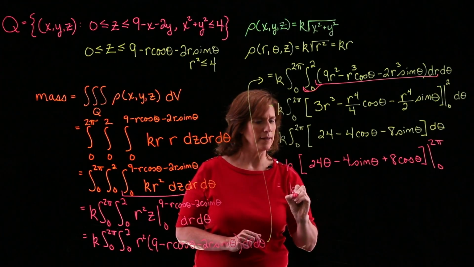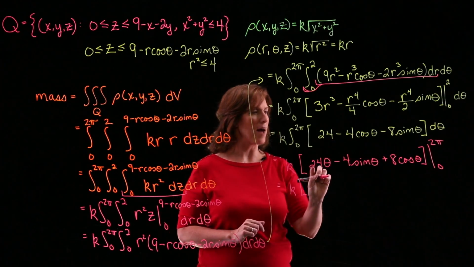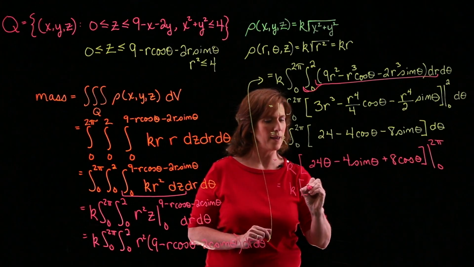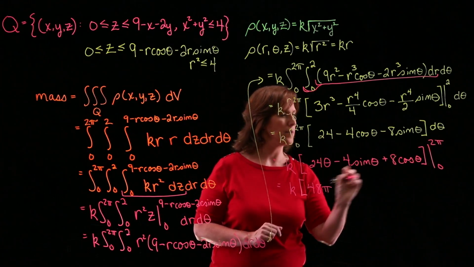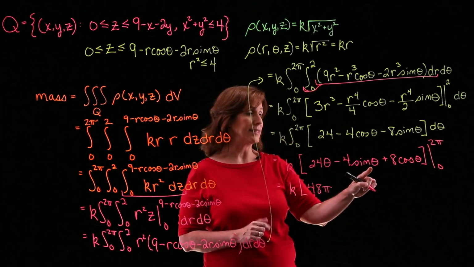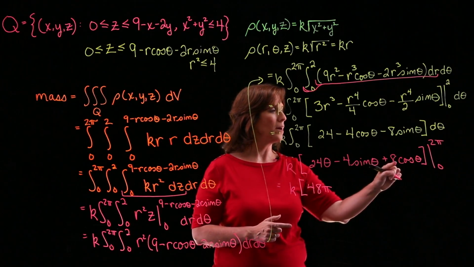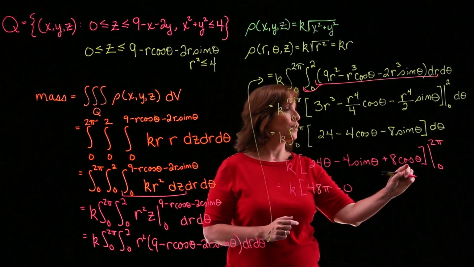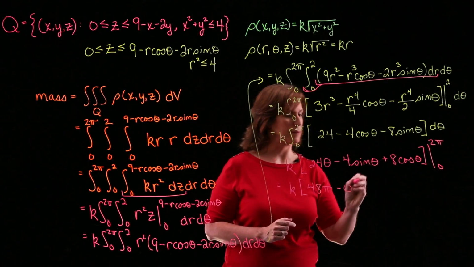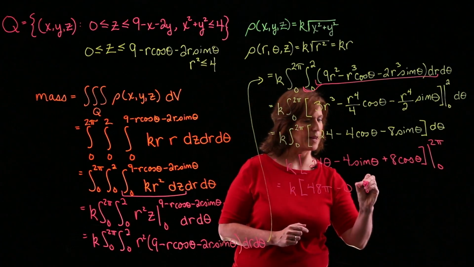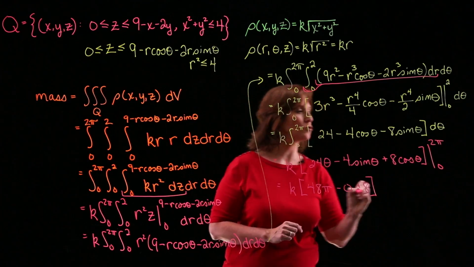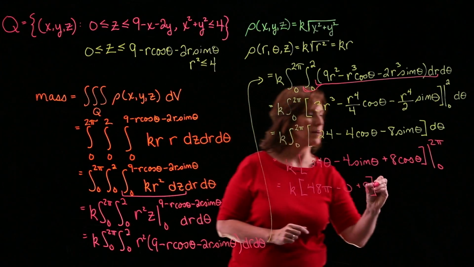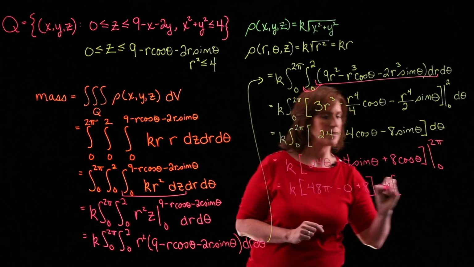So plugging in 2 pi, I'll have 24 times 2 pi. That's 48 pi. The sine of 2 pi, that's 0, so this term will be 0. The cosine of 2 pi is 1. 1 times 8 is 8, so that'll be an 8. And then I have to subtract what happens when I plug a 0 in, so that'll be minus k times the quantity.